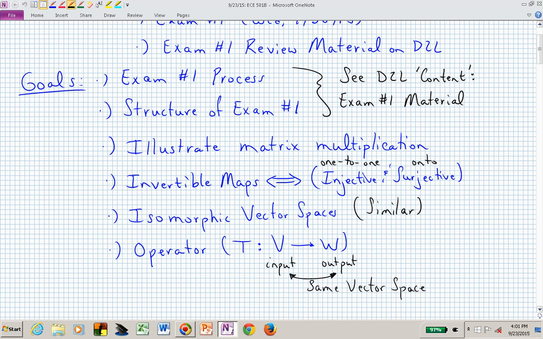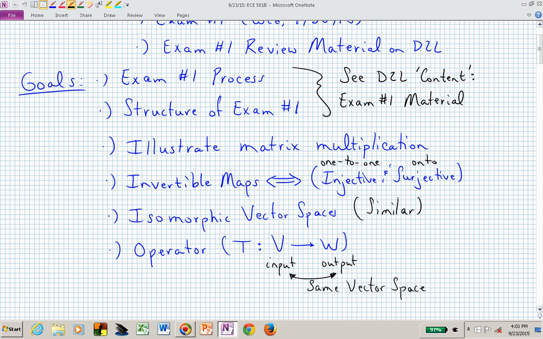We'll illustrate how you might think of matrix multiplication differently if you've always thought about it being row times column, row times column. We'll try to give you a different perspective on what to think or see when you're multiplying two matrices together.